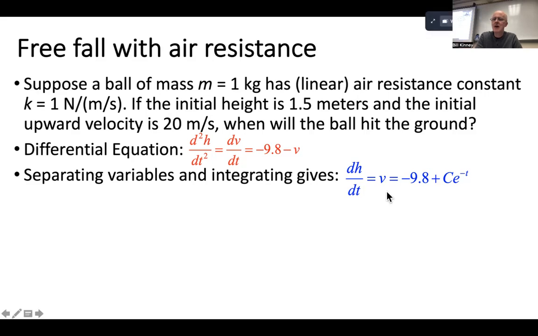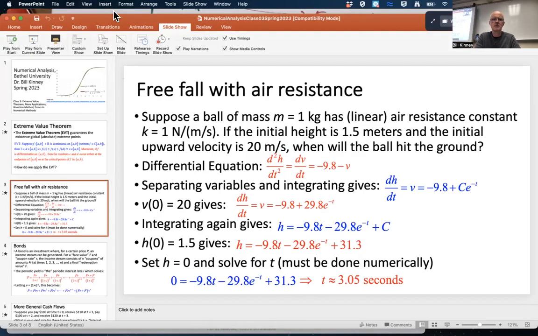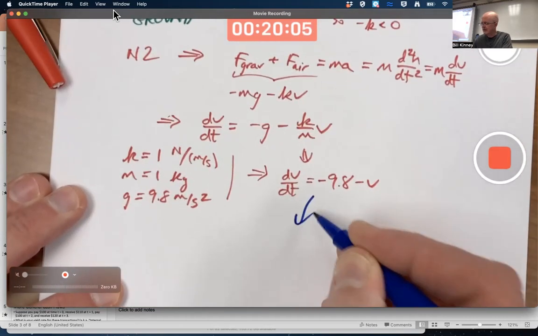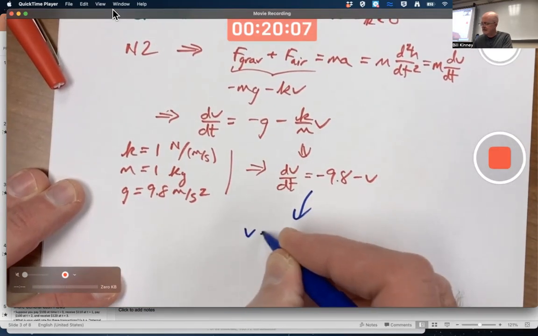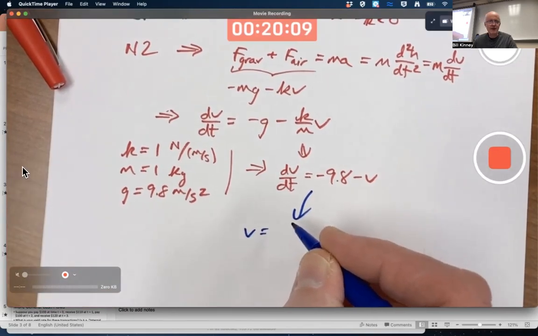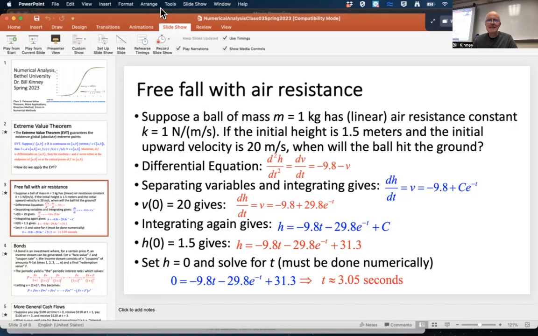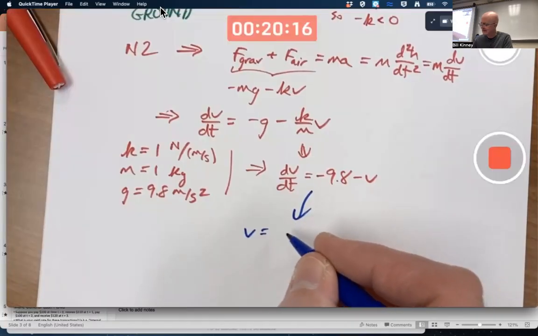This is a function that solves this differential equation. Maybe we should verify that. That's worth taking the time to do. So v is negative 9.8 plus c e to the negative t.